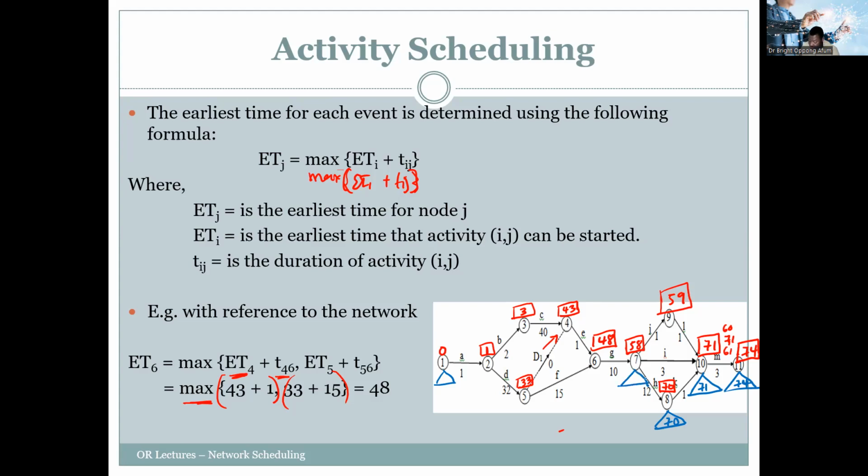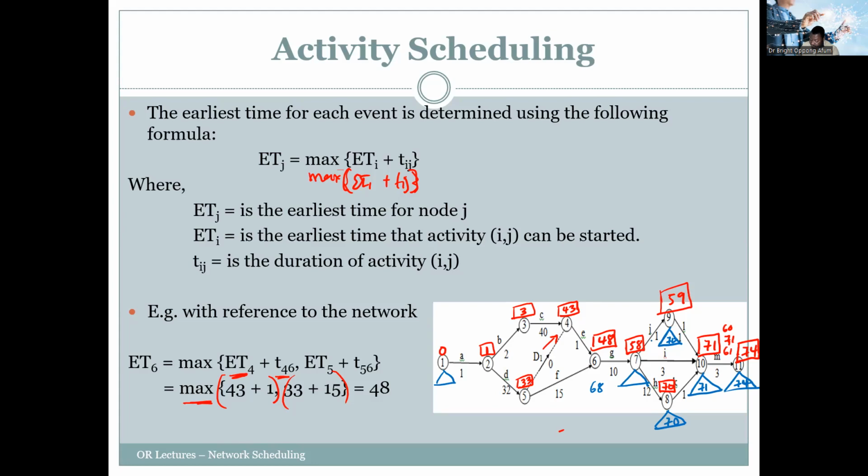This is converging from 3. So I have 71 minus 7 minus 3. 71 minus 3, that will be 68. So I have 68 here. Let's calculate this. 71 minus 1 here is 70.